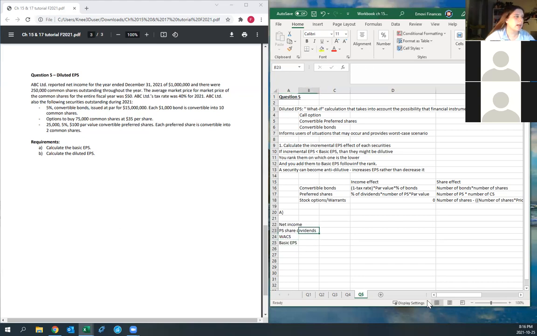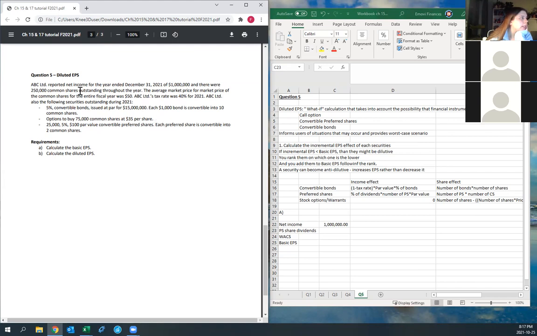So it says that the net income for the year was $1 million. All right, preferred share dividends. It says here par value convertible preferred shares.